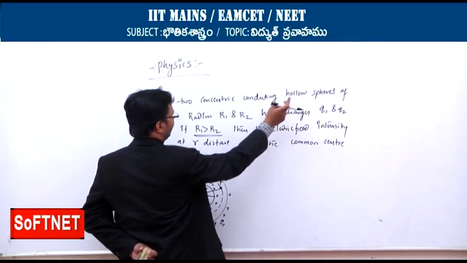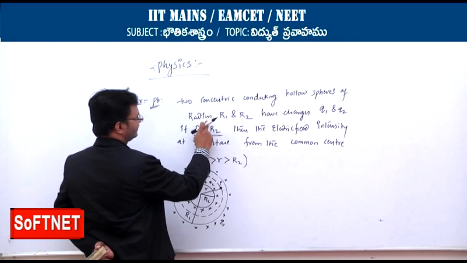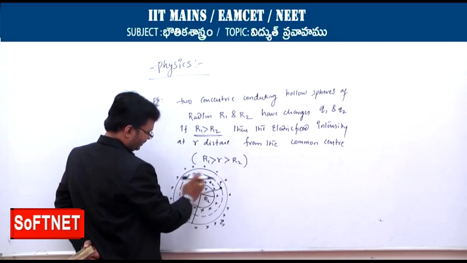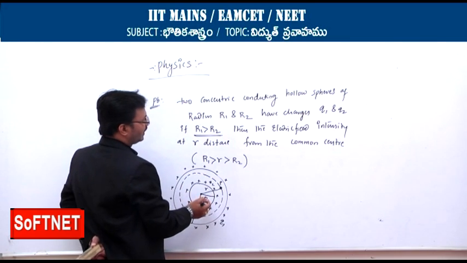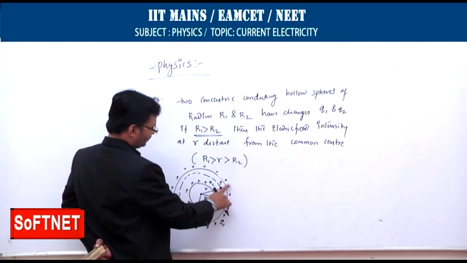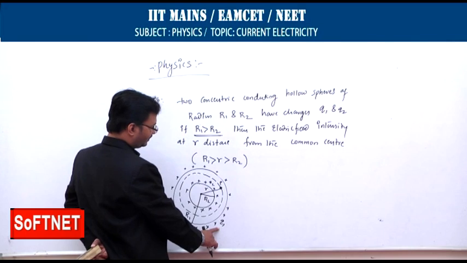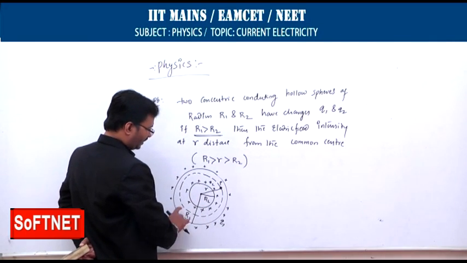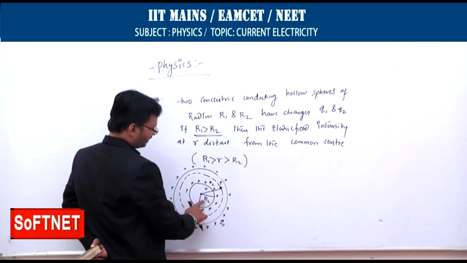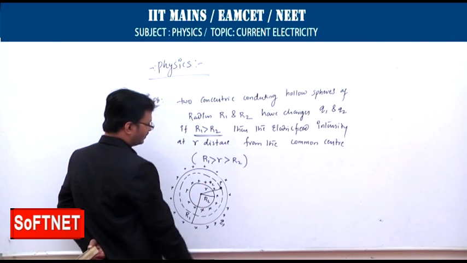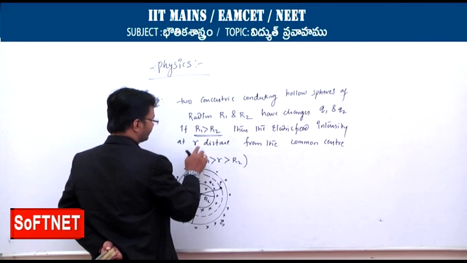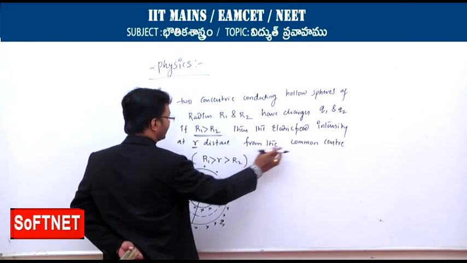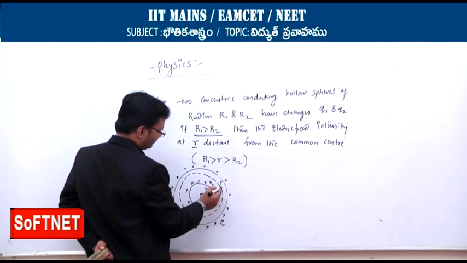Two concentric conducting hollow spheres of radii R1 and R2. This is the common center. Concentric means common center. Having charges Q1 and Q2. The outer sphere of radius R1 has Q1 charge, the inner sphere of radius R2 has Q2 charge. Then the electric field intensity at a smaller distance from the common center at this point.